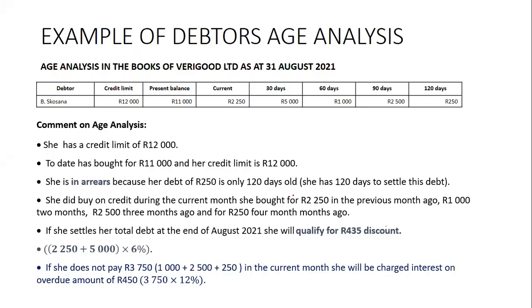So as I've said, they'll be charged interest at 12%, and that interest will be on 3,750 as I've explained, and the interest amount will be 450. So you will simply take 1,000 plus 2,500 plus the 250. Please note that it's subjective on that 1,000 rand. If she does not pay in the current month, that's the only time they get charged, but most definitely they will get charged interest on the 2,500 plus the 250.